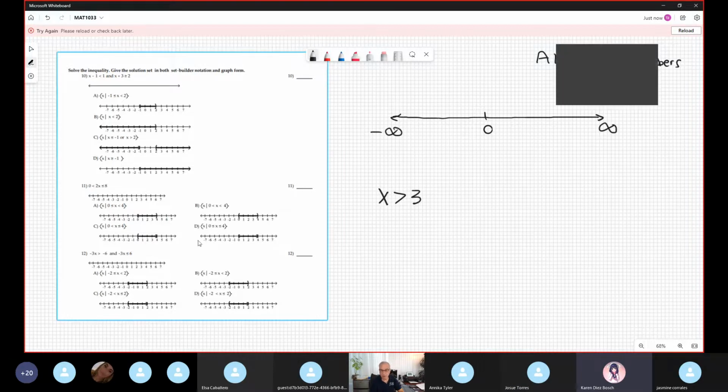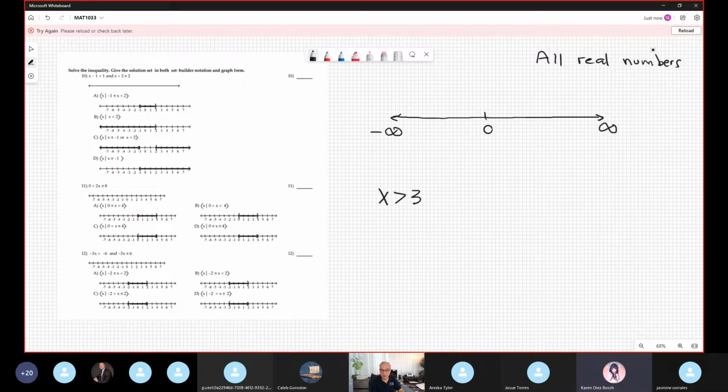Okay, so now, what is the representation of this? You put 3, 1, 2, 3, and since it is greater than, you highlight the numbers to the right. The notation that we are using: if we have no equal sign, that means don't include the endpoint.